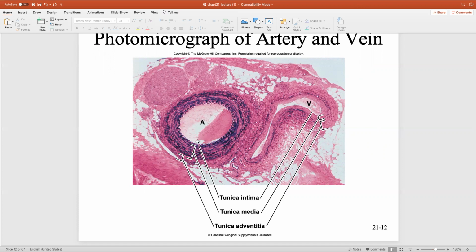So even when there's very little blood coursing through, an artery will usually be patent, right? Be very wide open. So by looking at the size of the lumen, we should be able to tell which is an artery, which is a vein. Veins are usually collapsed unless there's blood going through them, and arteries are always open, even if there's no blood going through them.